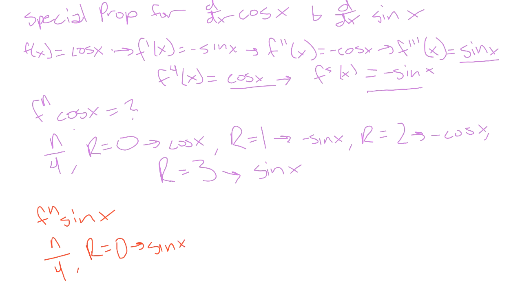If your remainder equals 1, that is going to get you cosine of x. If your remainder equals 2, you're getting negative sine of x. And lastly, if your remainder equals 3, you are getting negative cosine of x.